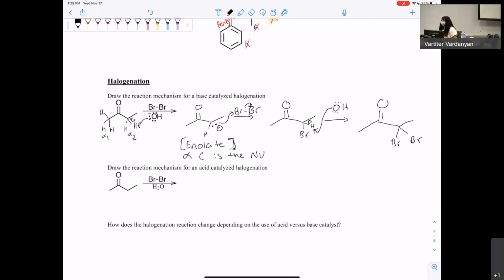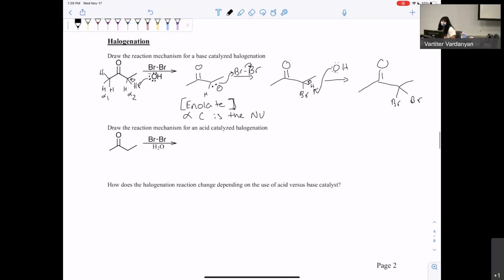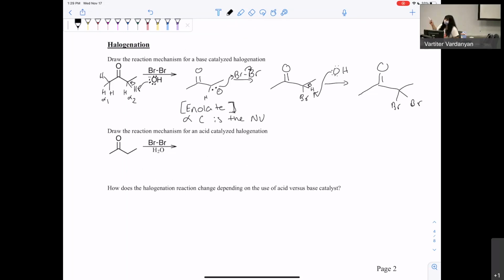And that's really, really important. So the reason I specifically have an acid catalyzed or H2O catalyzed reaction here is because when we use an acid, it's not strong enough to do the reaction more than once. So I'm going to write here, only adds one bromine.